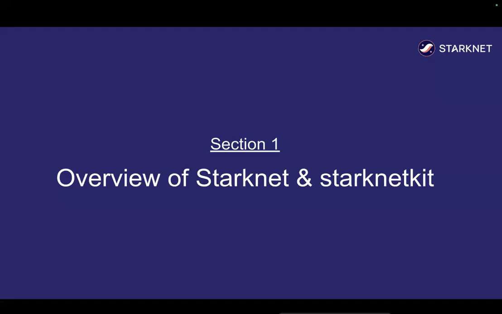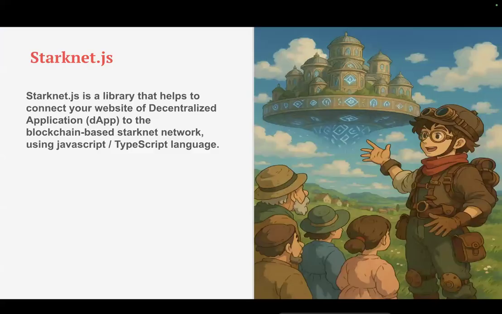All right, so let's have an overview. What is starknet.js and then what is starknetKit? So starknet.js is a library that helps to connect your website or decentralized applications to the blockchain-based Starknet network using JavaScript or TypeScript. So that's what Starknet.js is.